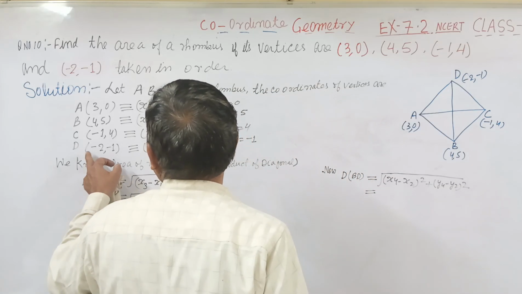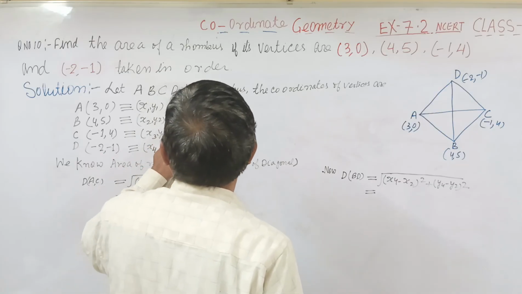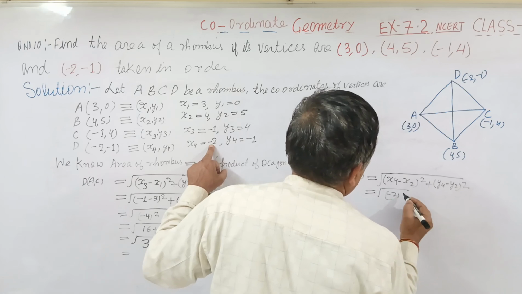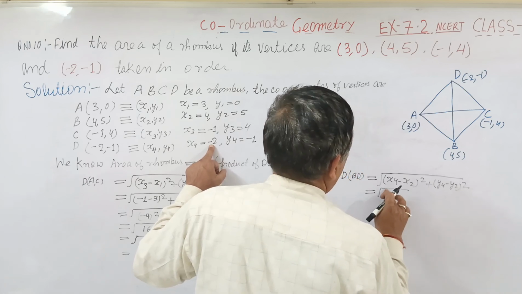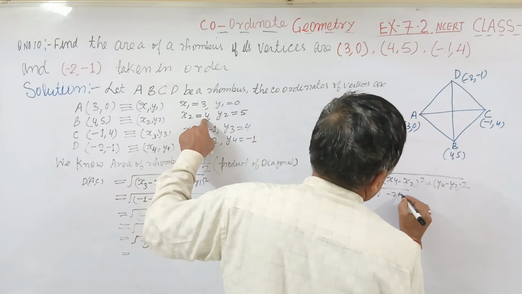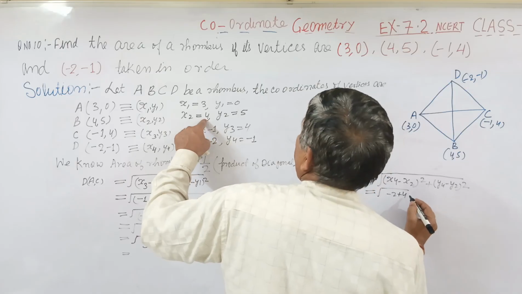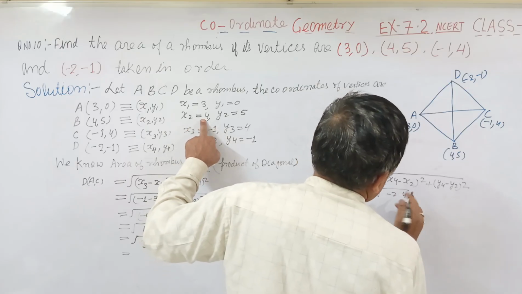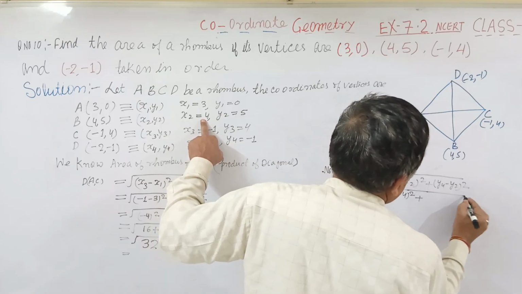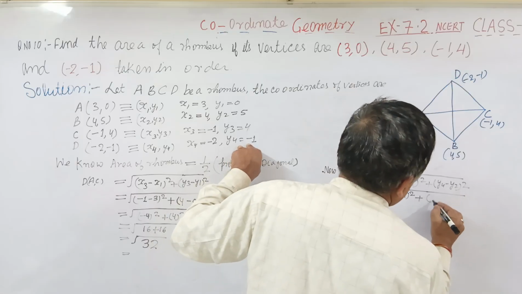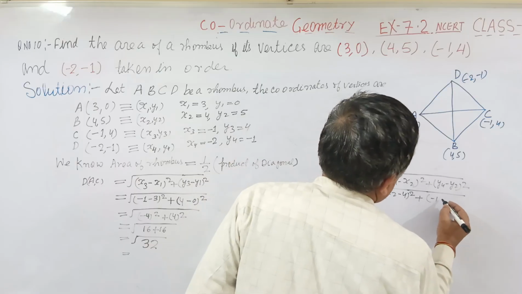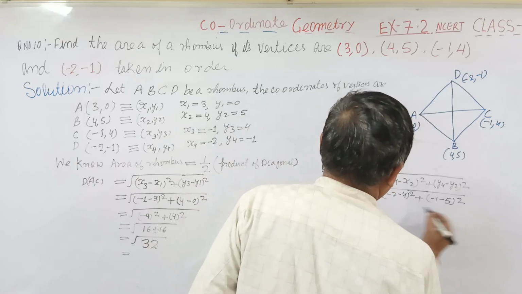So we will get x4 is -2 and x2 is 4, so (-2 minus 4) whole square, plus y4 is -1 and y2 is 5, so (-1 minus 5) whole square.